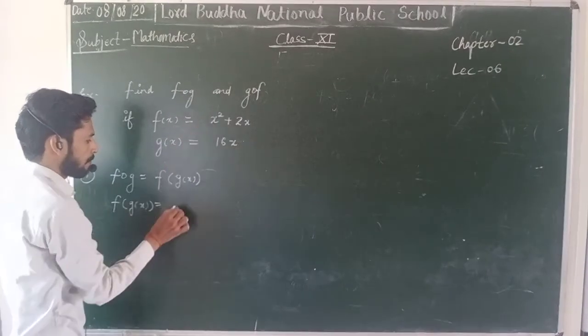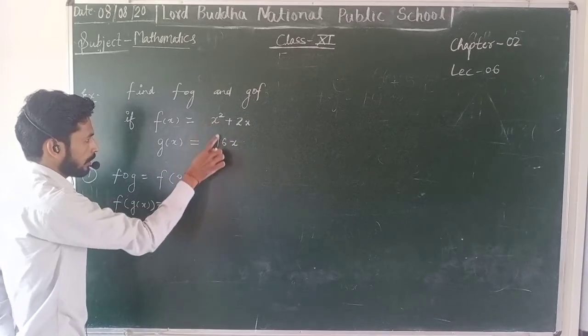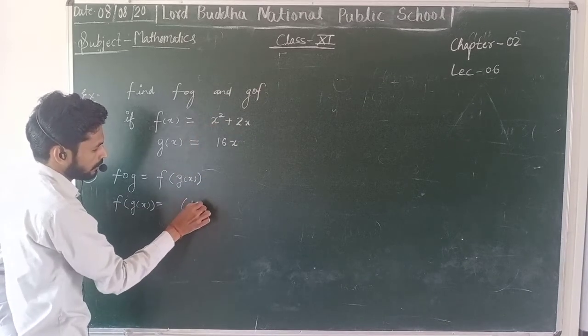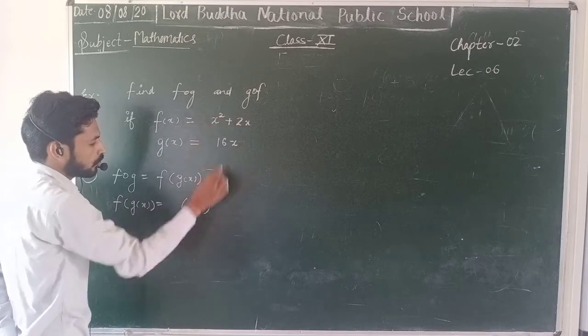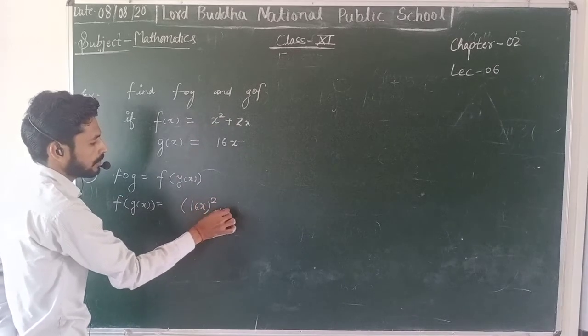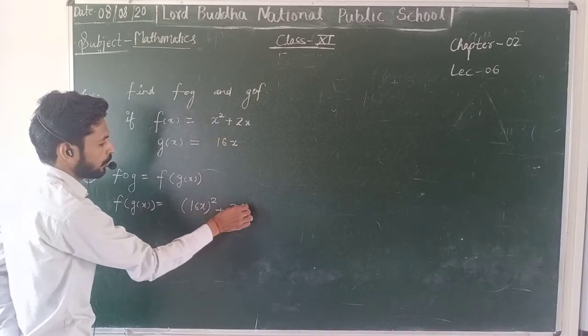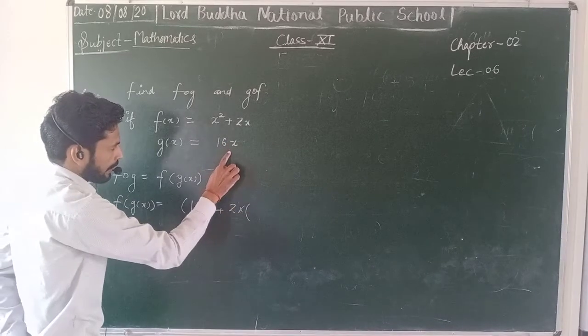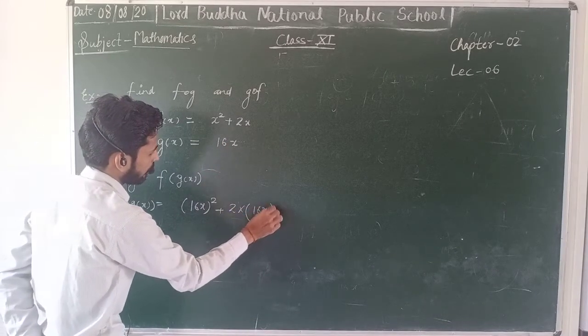So take this x square, in place of x we write 16x, and there is a square, so write square, plus 2 into, in place of x we put 16x.